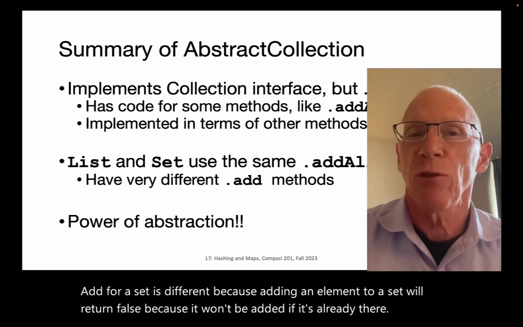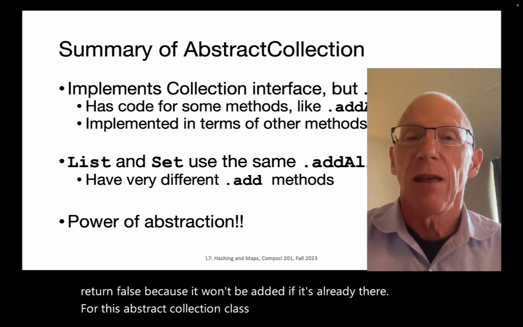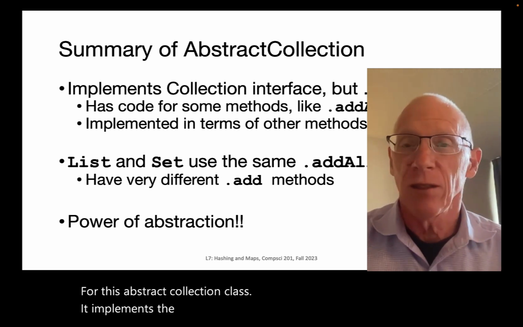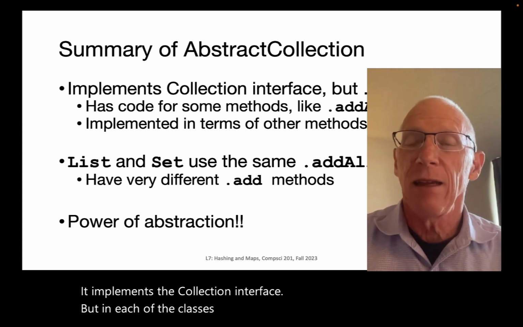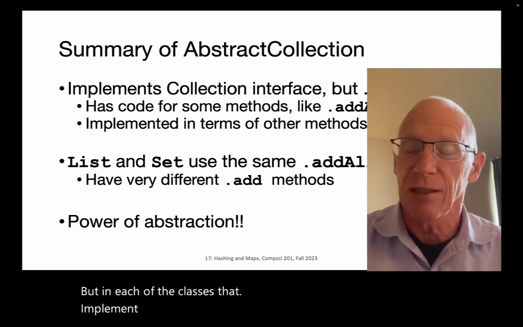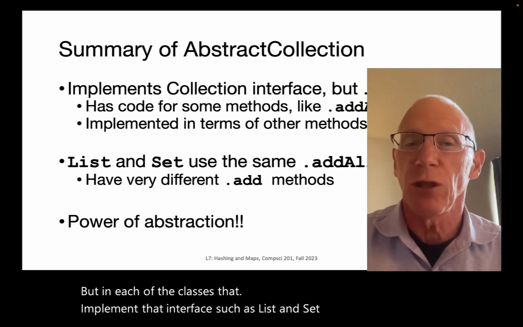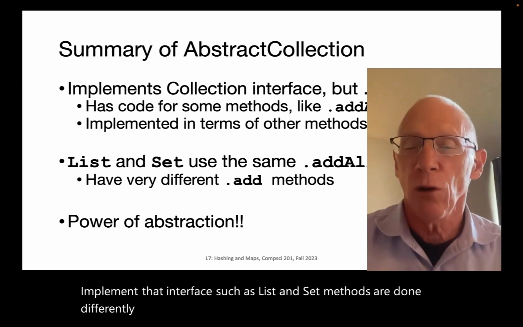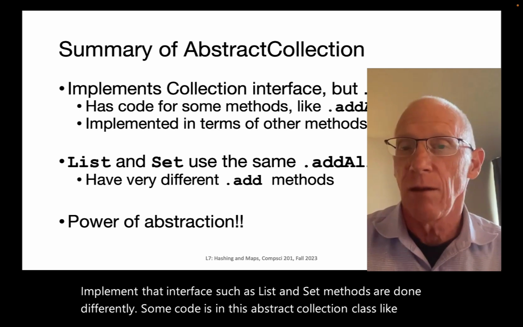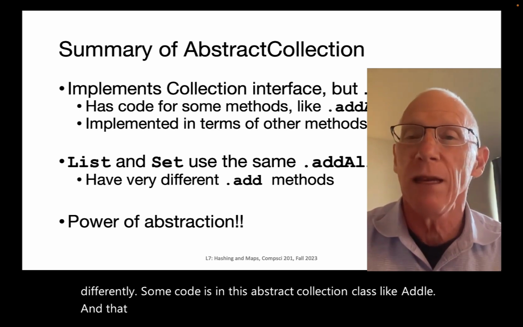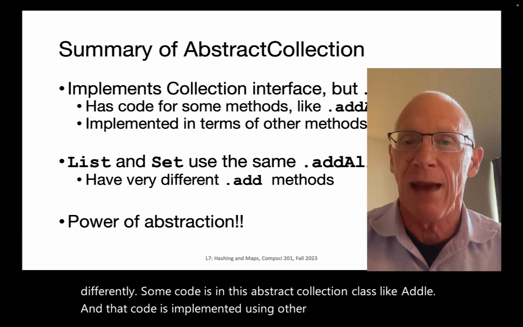The AbstractCollection class implements the collection interface, but in each of the classes that implement that interface, such as list and set, methods are done differently. Some code is in this AbstractCollection class, like addAll, and that code is implemented using other methods like add.